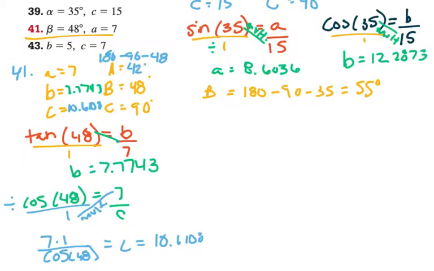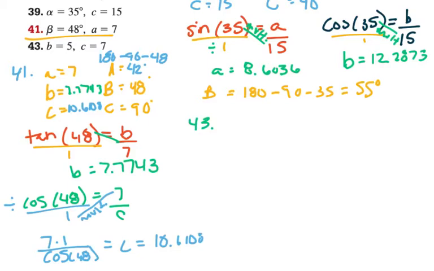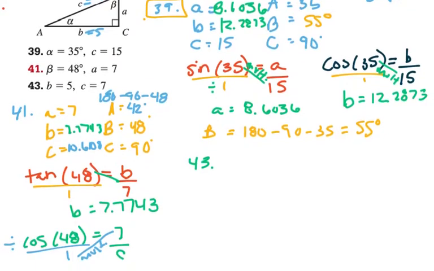Alright, and then the last one in the first half of the review here is number 43. And in 43, let's erase all this good stuff. In 43, we're given that B is 5 and C is 7. And so Pythagorean Theorem can get us what A is. So let's see. I'll write it all out.